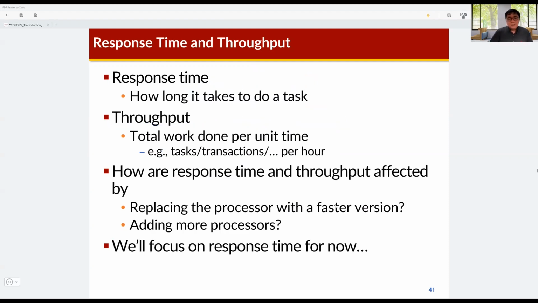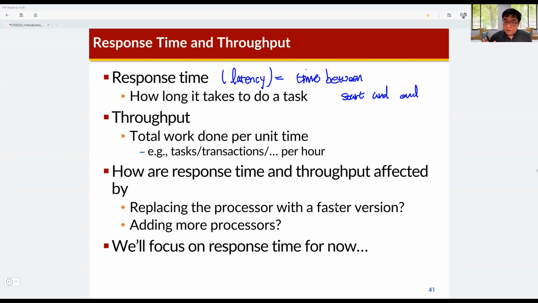Okay, so the definition is very important. You need to differentiate the definition of the response time. It's frequently called the latency. Latency means the time between start and end of the application, how long it takes to do a task.